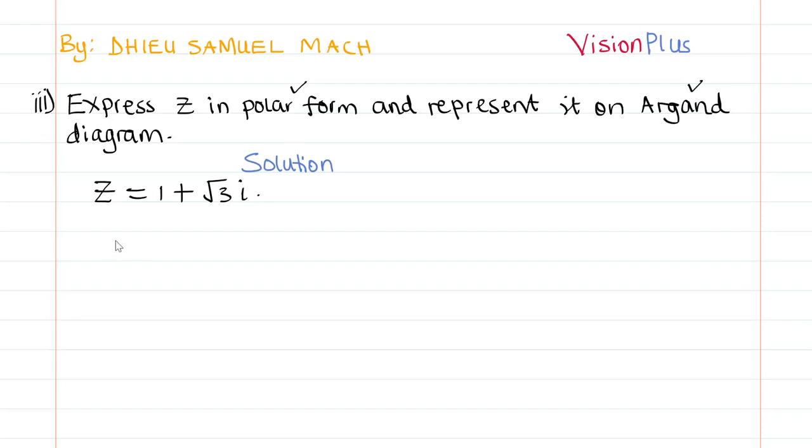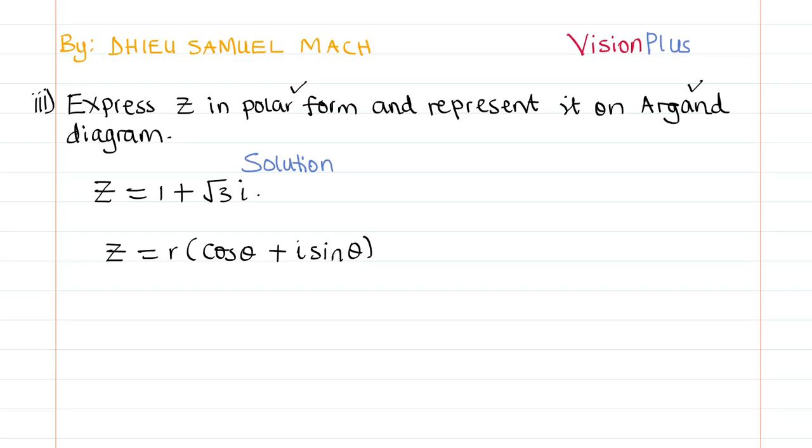There is a formula for the polar form or the modulus argument form, and the formula is that z equals r into cos theta plus i sin theta. This is the polar form or the modulus argument form.